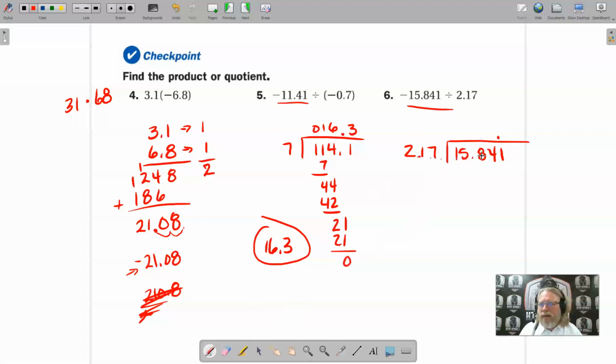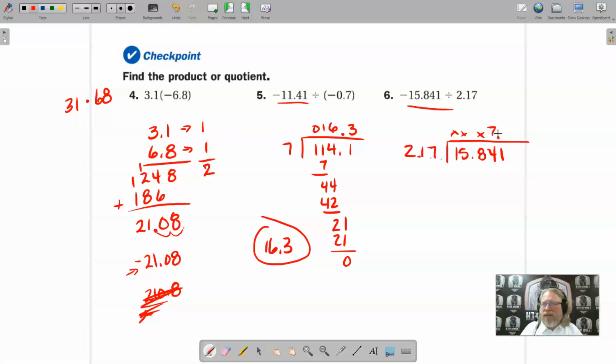217 will not go into 158. It won't go into 1. It won't go into 15. It will not go into 158. Let me see. 200 into 1,584. 200, 7 times would be 14.